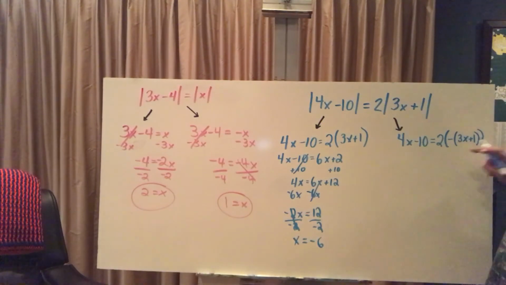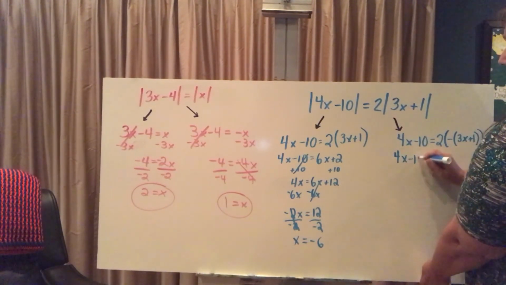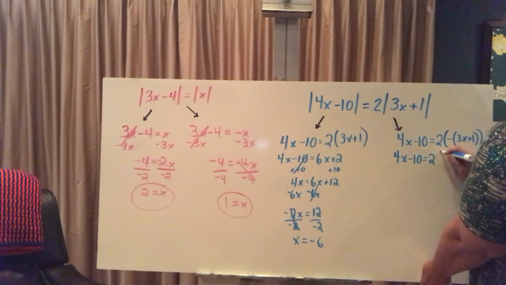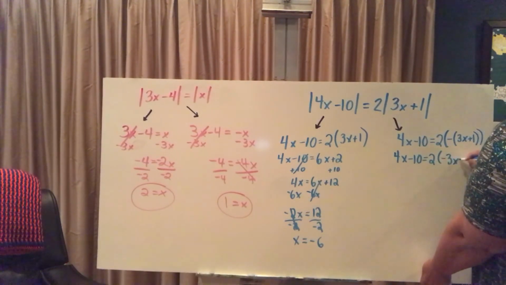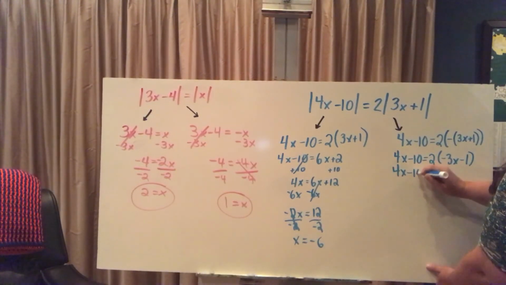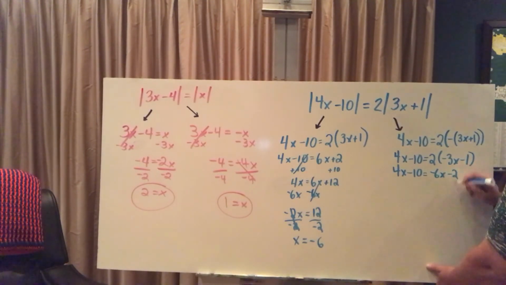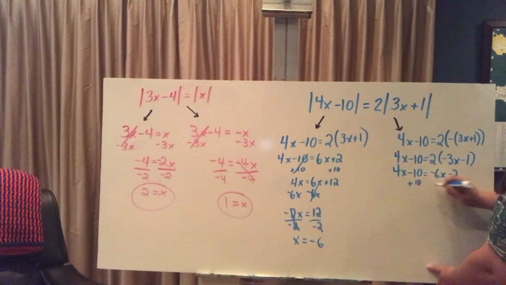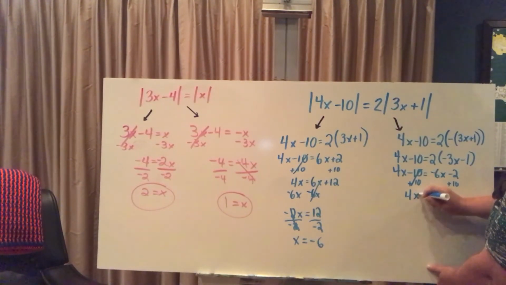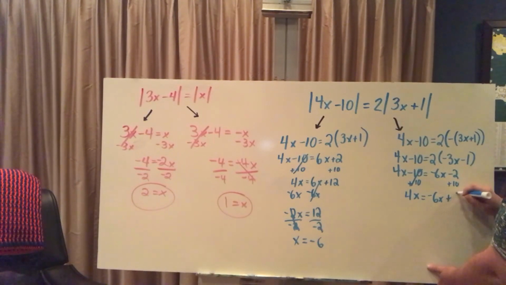On this guy, I'm first going to distribute this negative. So I've got 4x minus 10 equals 2 times negative 3x minus 1. I'll distribute again. Now I've got 4x minus 10 equals negative 6x minus 2. I'll add 10 to both sides, which gives me 4x equals negative 6x plus 8.